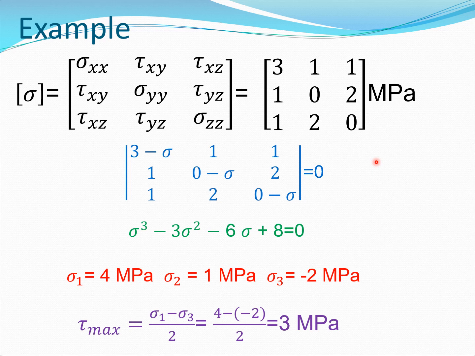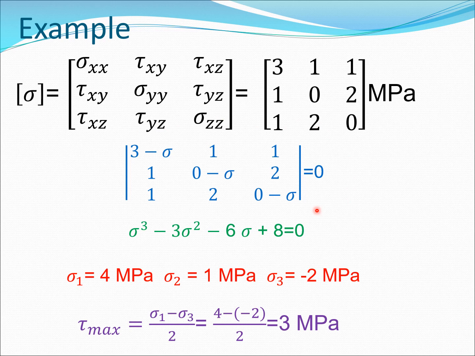Now essentially to find the eigenvalues of this matrix, I can set the following determinant to 0. So what I do is on the diagonal terms, I subtract sigma here. So I get 3 minus sigma, 0 minus sigma, 0 minus sigma, and then set this determinant equal to 0. So that's the definition of the eigenvalue of a matrix.